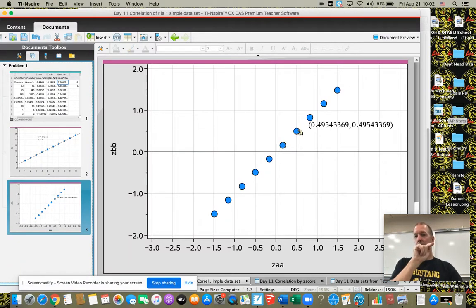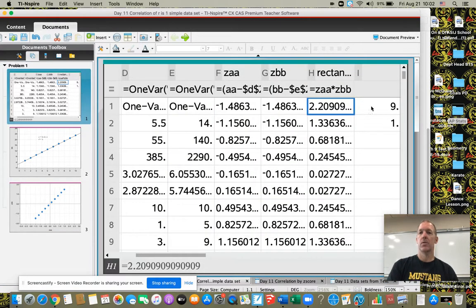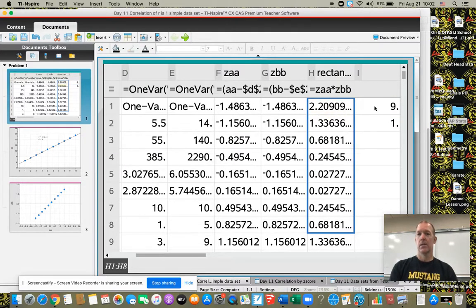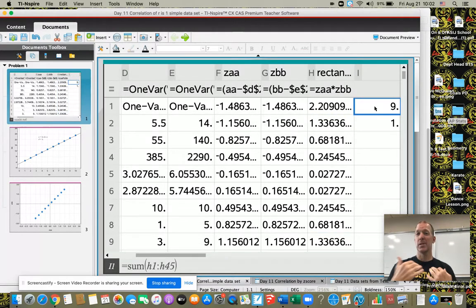And this would be going over 0.495 times 0.495 and making another rectangle. And all those areas get added up. So over here, I added up all the areas in this list. So all the areas added up is equal to 9.